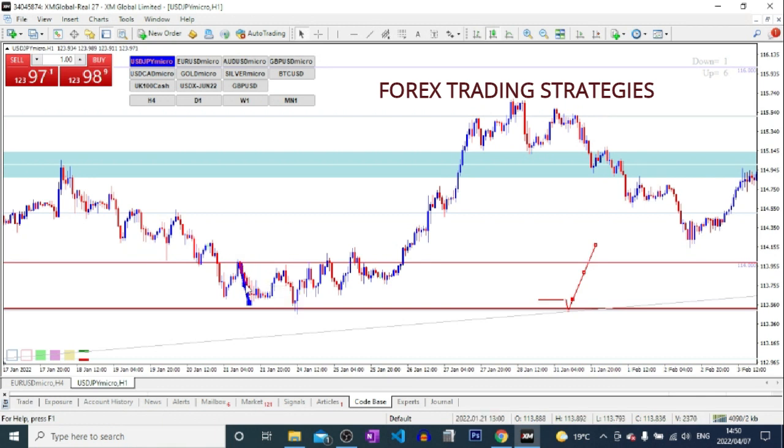But anyway, you saw price came down here. And what did we get after that? Price started dancing around this level. And all these are 1 hour candles.